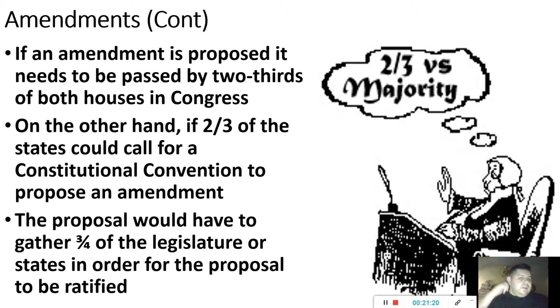Now, here's the thing. If an amendment is proposed, it needs to reach a two-thirds majority of the House of Representatives and the Senate. Okay, but the thing is, let's say there's an amendment saying if Congress can't agree on stuff, then the president and Congress don't get paid.